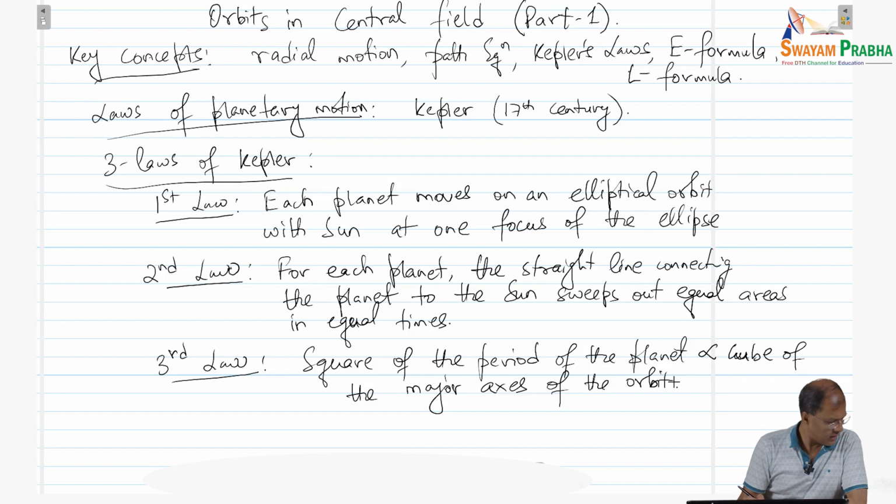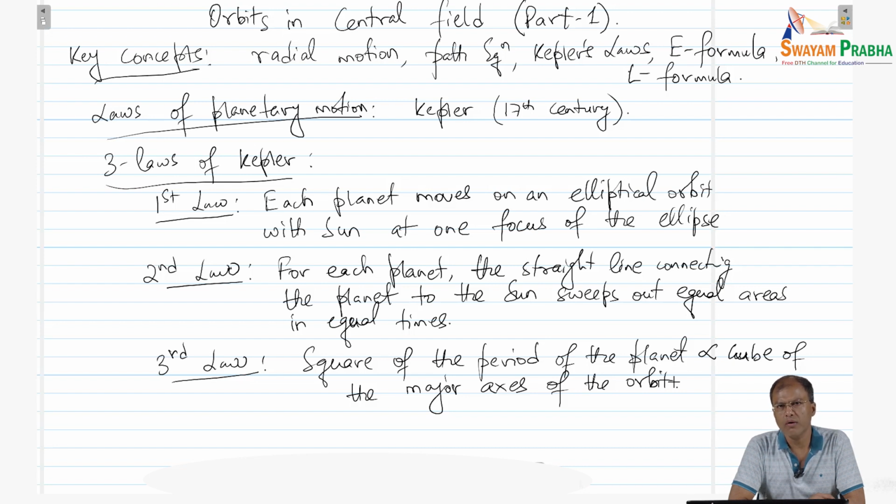Okay, so the major assumption in the derivation of these three laws is that the planets are moving in a central force field with the sun at one of the foci, right? And it turns out that the mass of the sun is so big.